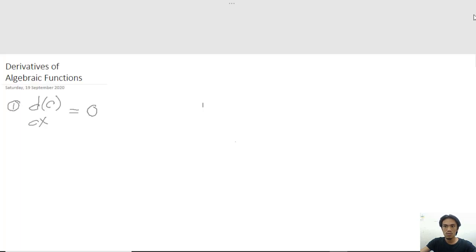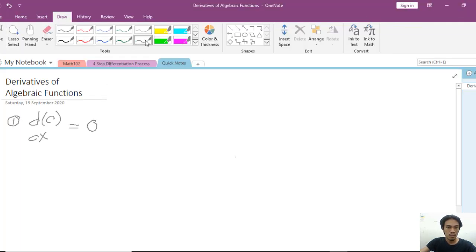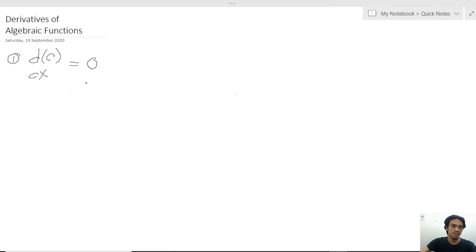So let us continue. If for example you have a function y is equal to 3, if you are asked for the derivative of y with respect to x, this is also called y prime.